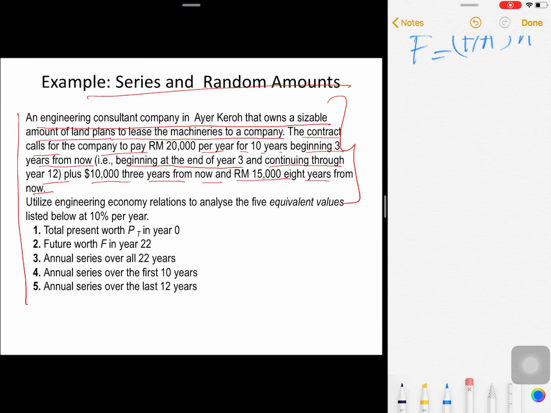So we have so many random amounts of money. So utilize engineering economy relations to analyze the 5 equivalent values listed below at 10% per year. So this is the question.